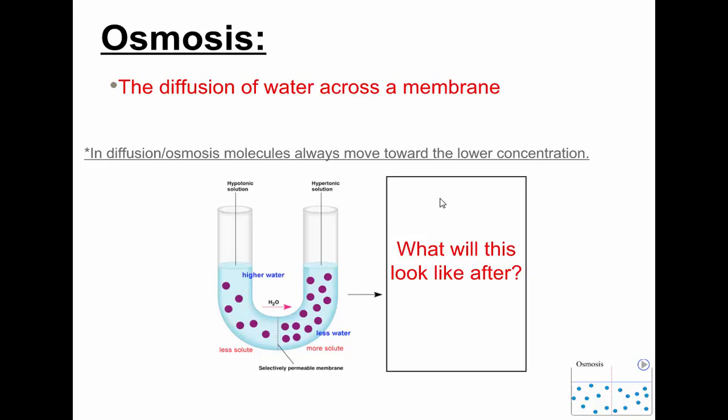And on this side, I put some sugar solution. First off, if you look at the purple dots represent sugar molecules. Where is there a higher concentration of sugar molecules in this diagram? Mia? On the right. There's more sugar molecules in the same amount of water. That's a high concentration of sugar molecules. And how about over here?